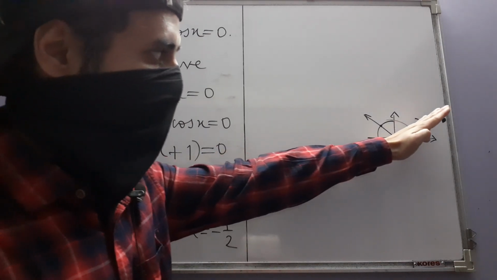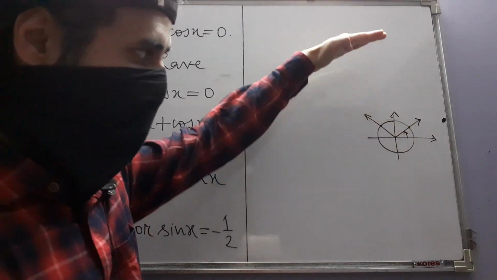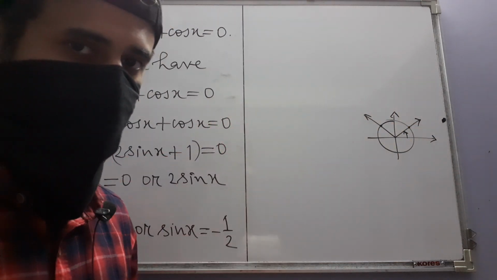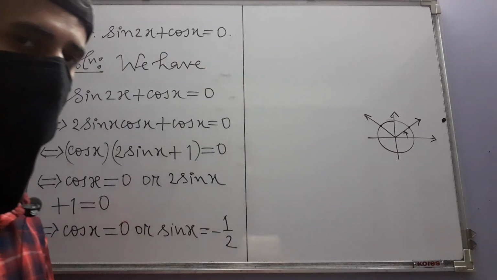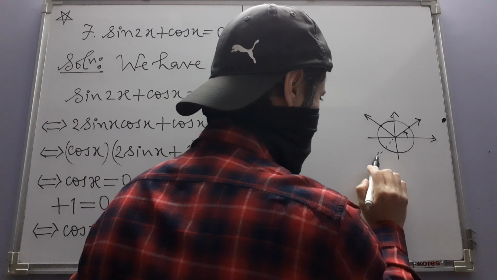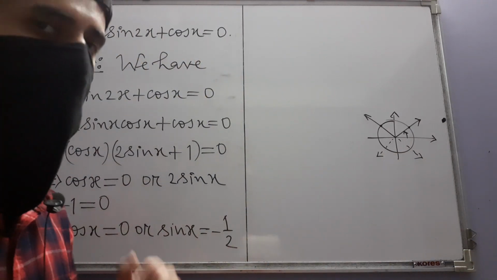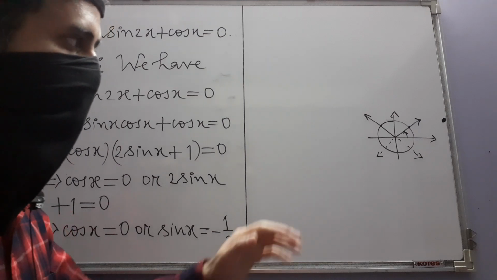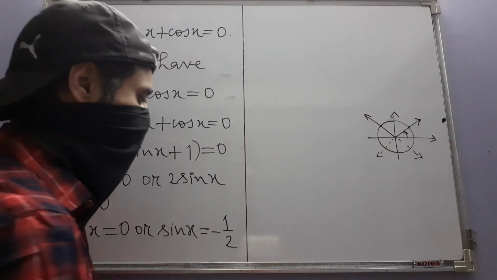And if your terminal ray is like this or like this, all the y coordinates lie above the x-axis, so they are positive, so sine is positive. You have to go below the x-axis, for which you have to be either in the third quadrant or in the fourth quadrant. So we want the third quadrant. Okay, instead of straight away going to the fourth quadrant, let's just think of the third quadrant.